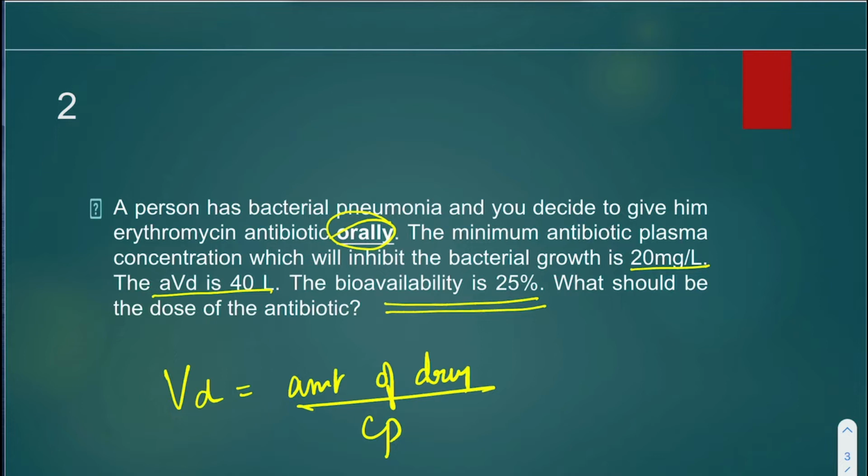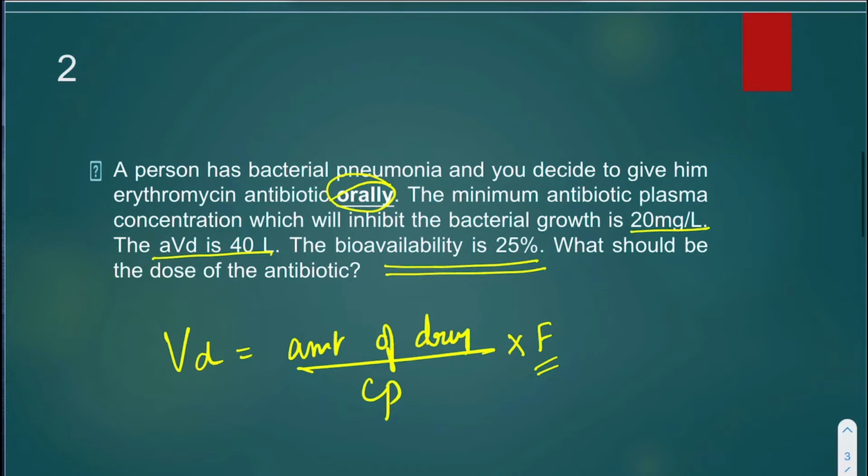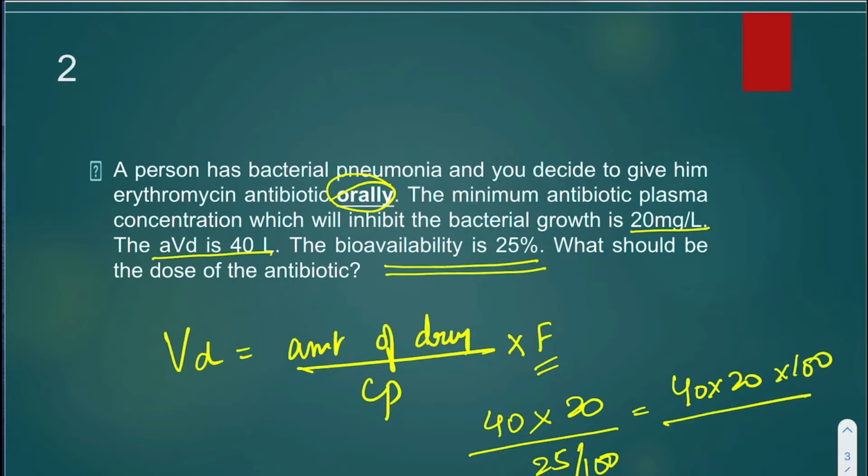So we have to add one more thing, bioavailability, because this is oral. In IV you can also use the same formula, but there F is equal to 1, because bioavailability is maximum, so the fraction F is equal to 1. Here we have to add 25%. So the apparent volume of distribution is 40, multiplied by plasma concentration, which is 20, and we divide by 25% bioavailability. This would be 40 into 20 into 100 divided by 25.